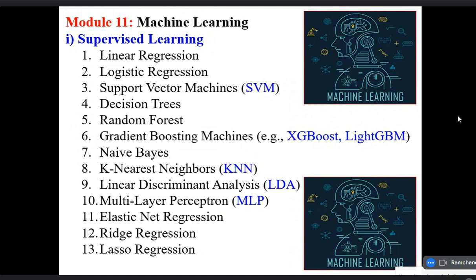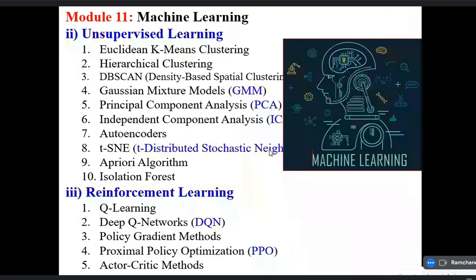These are the 13 topics I would like to explain today. Then under machine learning algorithms, we have three approaches. The first is supervised learning. Just now we have finished. Now I am moving to unsupervised learning.